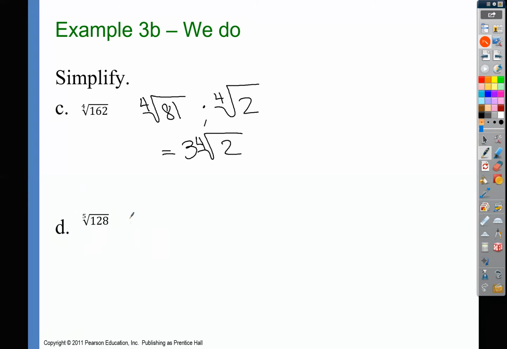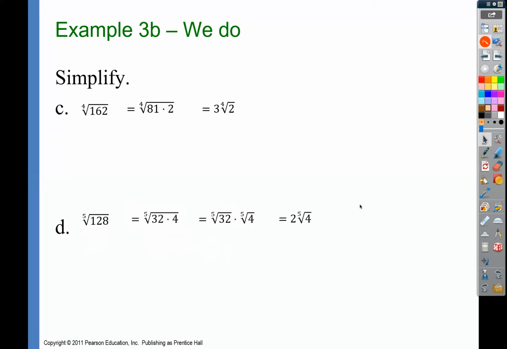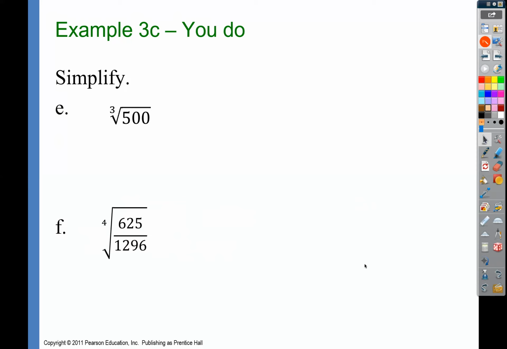And then the fifth root of 128, again, that's pretty tough. So we're going to do the fifth root of 32 times the fifth root of 4, because 32 times 4 is 128, and the fifth root of 32 is 2. Those are kind of tough. Okay, but go ahead and try these and see if you can get them.